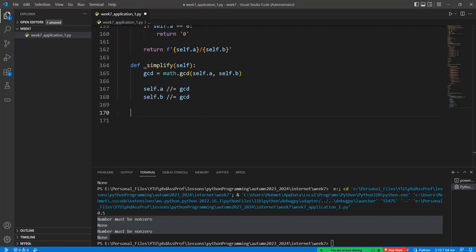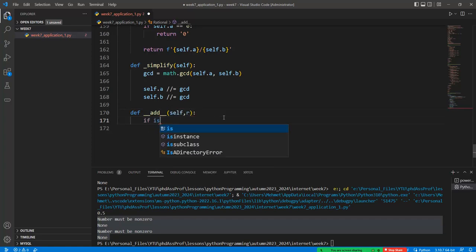And then we can create the add operator overloading mechanism like this one. If the instance is given by r as integer values, okay? Every rational number must have integer values at the numerator and the denominator.